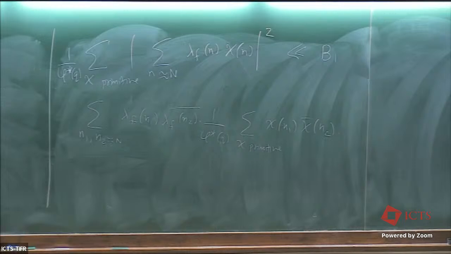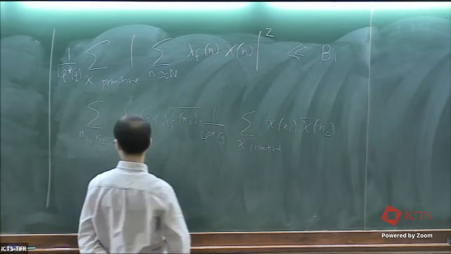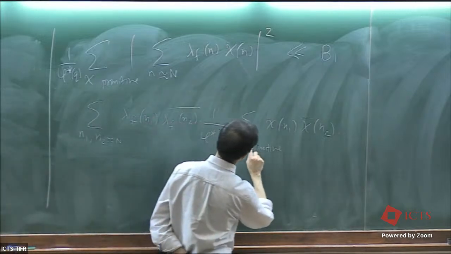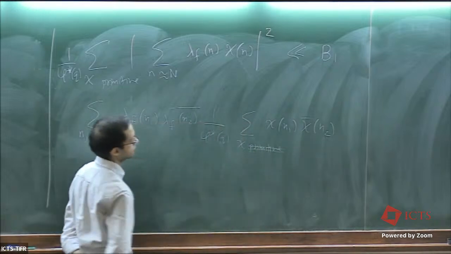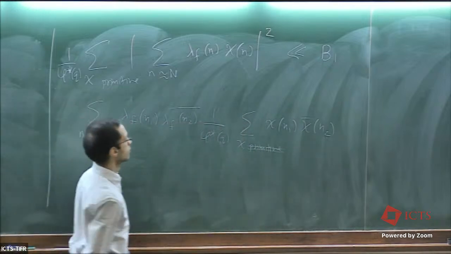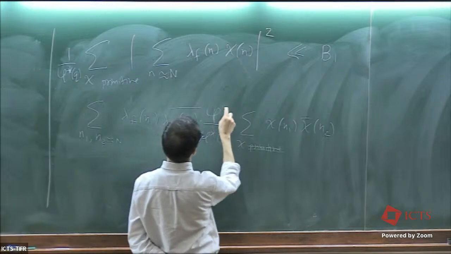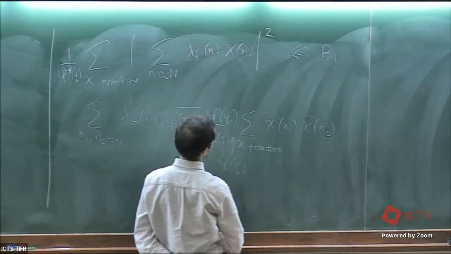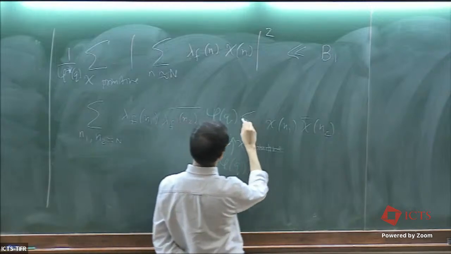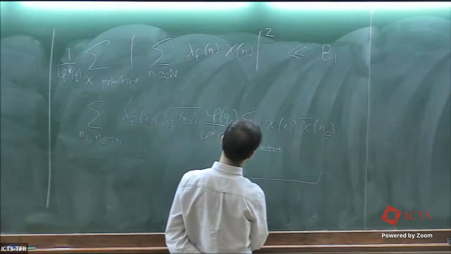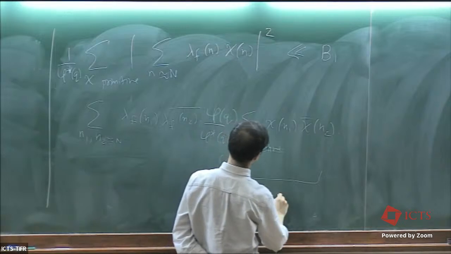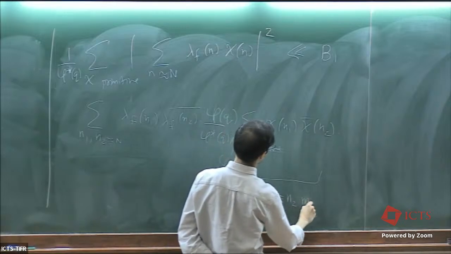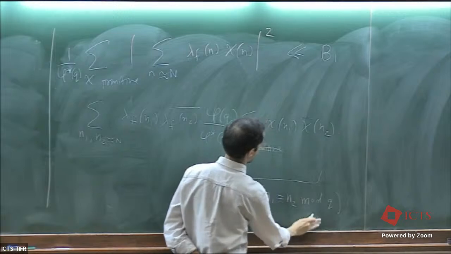I did not exactly justify why you can do this, but you can actually get rid of the primitivity condition, and you can multiply and divide by the number of factors that there are. And then this particular condition gives you exactly that n1 is congruent to n2 modulo q.